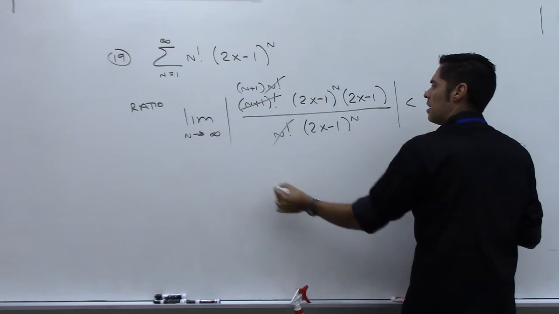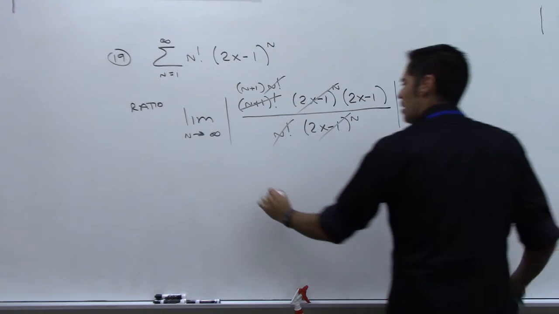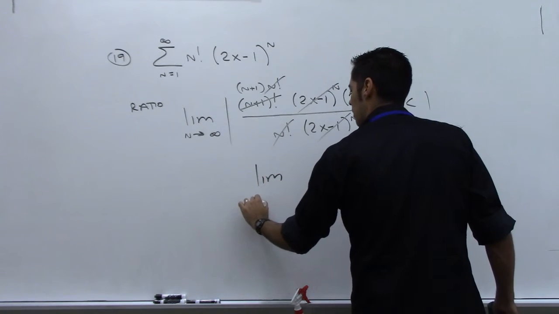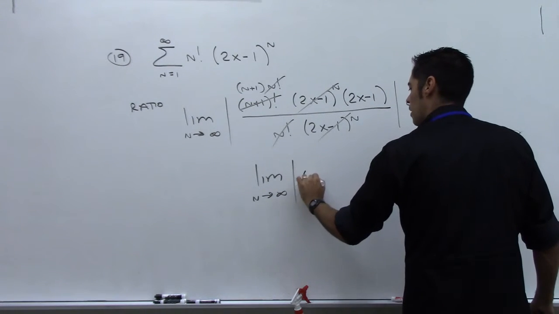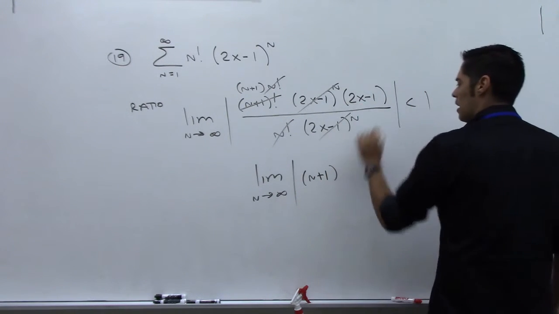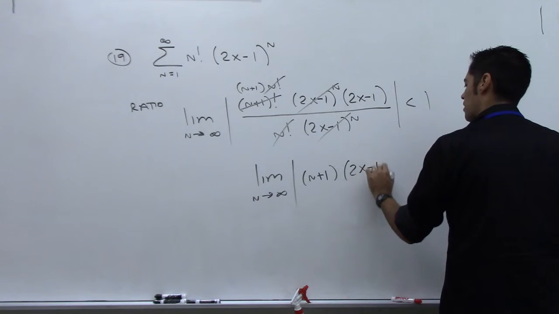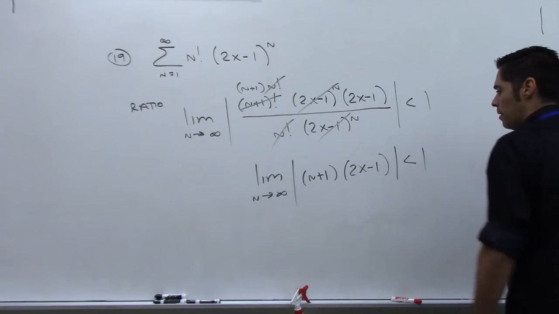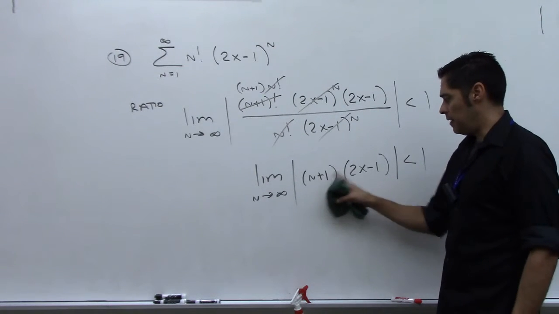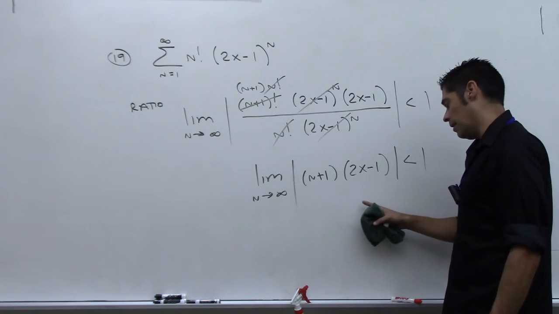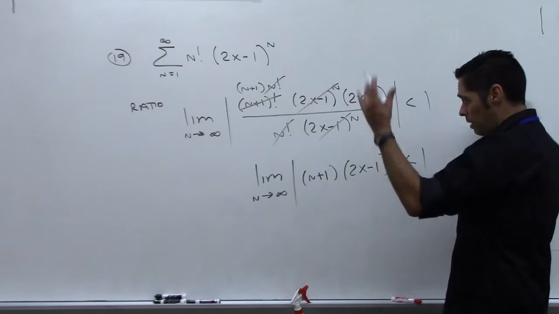These n factorials cancel, these cancel, and so you're left with limit as n goes to infinity of, let's see, I have an n plus 1, and then over here I have a 2x minus 1. I need that to be less than 1, but the problem is that as n goes to infinity, this gets infinitely large, and I can't control it, so this is going to blow up.